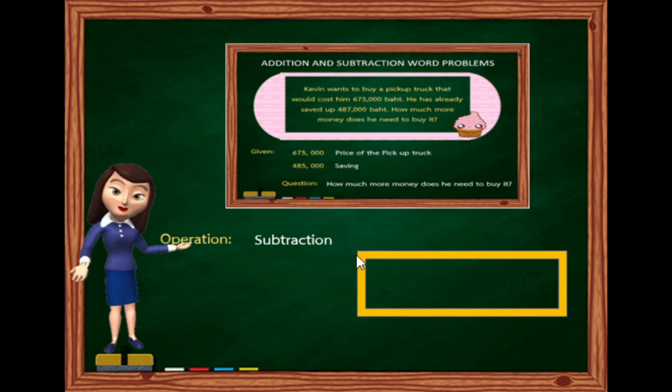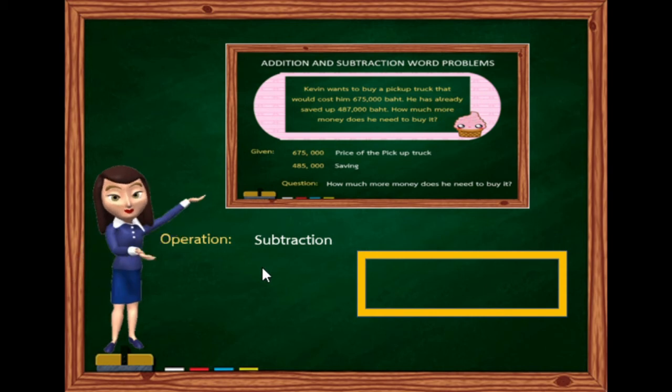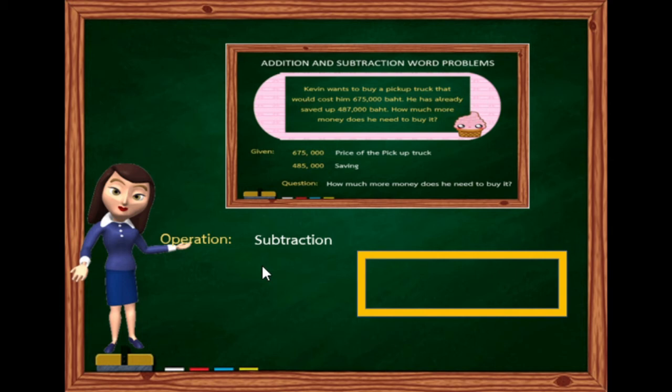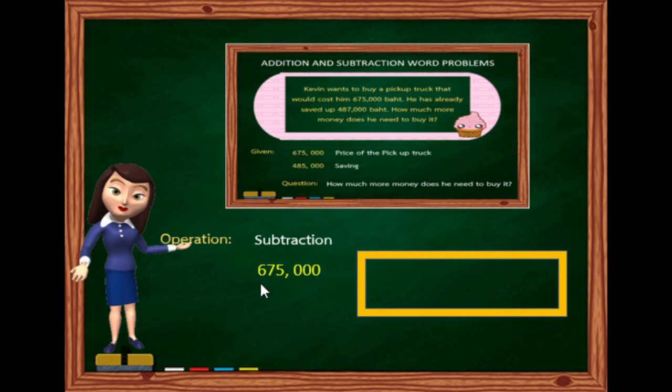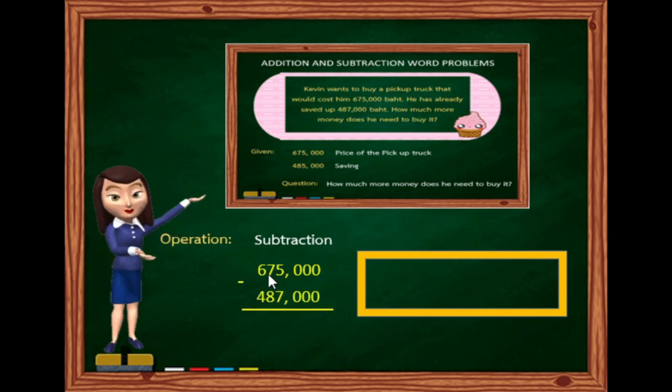We shall use subtraction because we need to look for the amount of money that Kevin has to have in order to buy the pickup truck. So we have 675,000 minus 487,000.